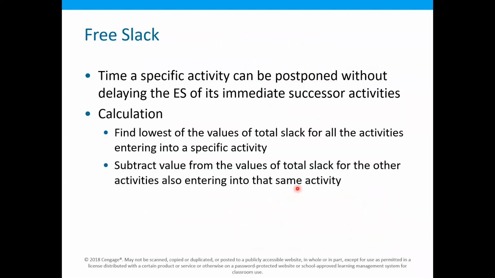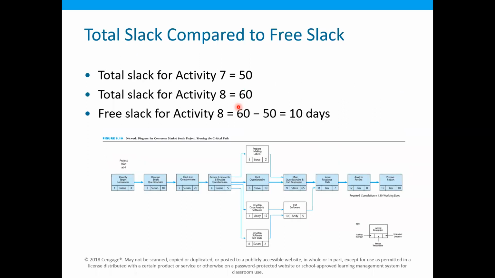And then there is the concept of free slack. It is the time a specific activity can be postponed without delaying the earliest start of its immediate successor activities, the activities immediately following. We have seen how it can be calculated. For example, the total slack of activity 7 was 50 days, and the total slack of activity 8 was 60 days.